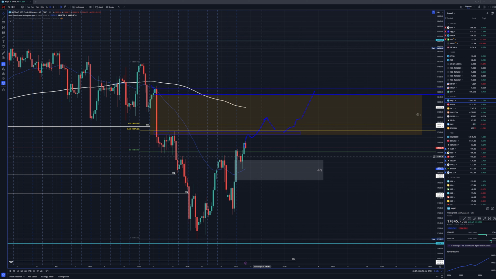We have an order block here, and we have an order block here. And I would like to see this happening. This is super important. This is market structure for me. I would even consider some kind of bounce like this, because this fair value gap is also important for me.